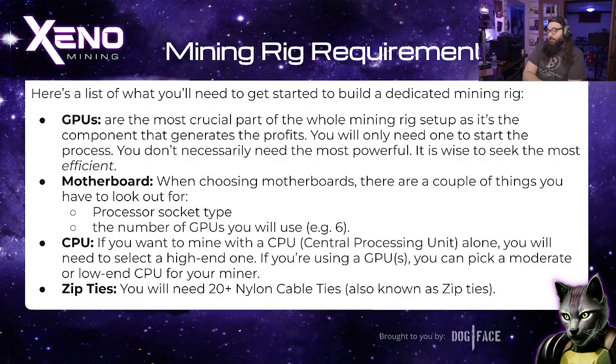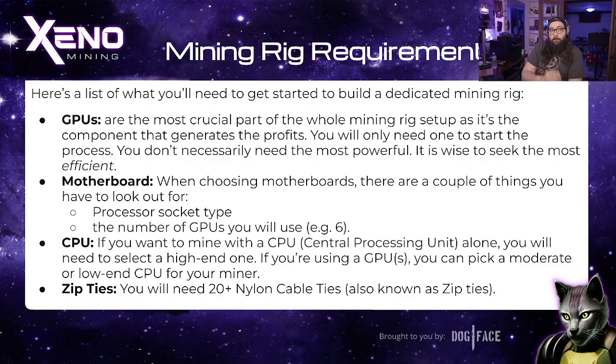So CPUs, if you want to mine with a CPU, you'll need to select a very high-end one, because all the processing power goes through the CPU, okay? That's why they call it the central processing unit. It's the brain, essentially. The motherboard's like your highway. With all these connections to different GPUs, your CPU still has to control each one of them.